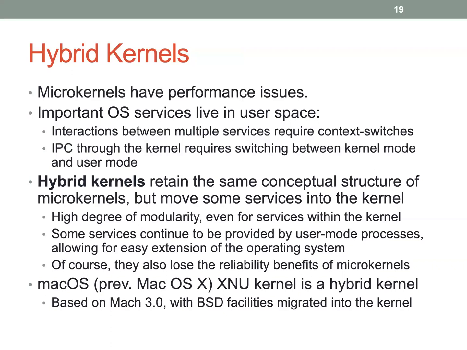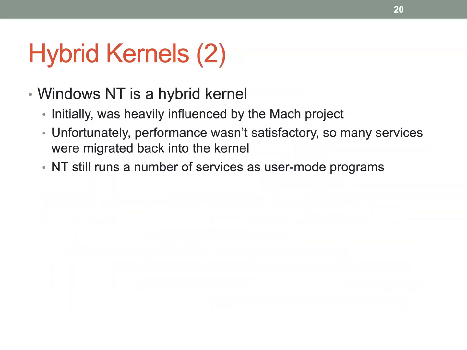But Mac OS definitely is an example of a hybrid kernel. Another example of a hybrid kernel is Windows. So basically starting with Windows NT, which was way back in the day, we're talking early mid 90s, but all the way up to Windows 10, we're still in the Windows NT family and tradition of kernels. This is also a hybrid kernel. Microsoft was very excited by Mach.